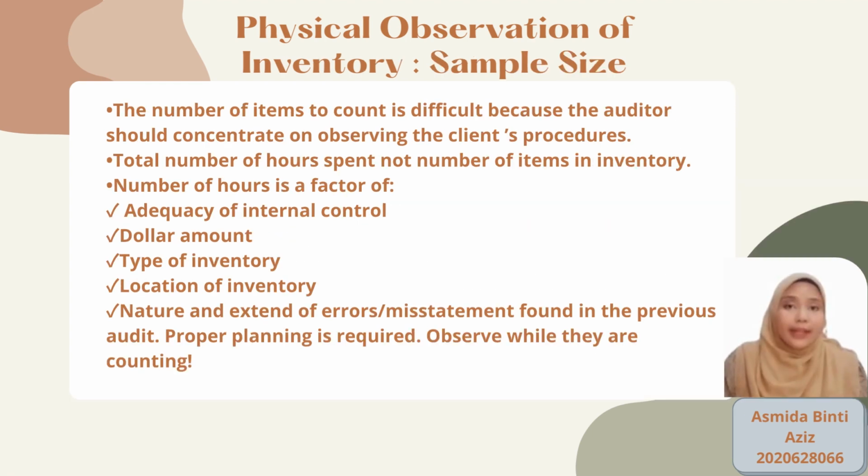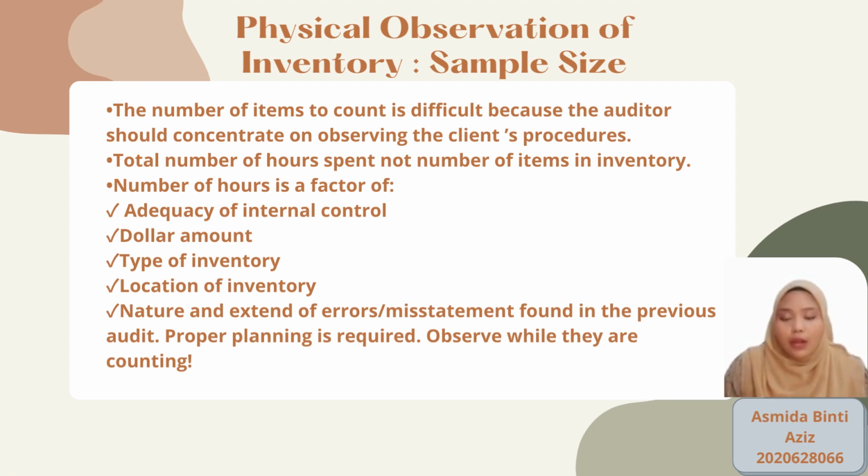The number of items to count is difficult because the auditor should concentrate on observing the client's procedures, the total number of hours spent, not the number of items in inventory.